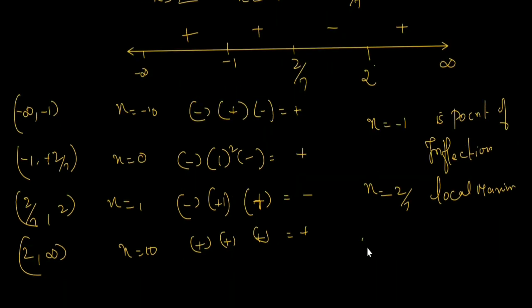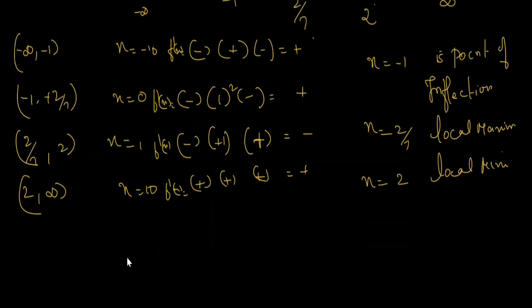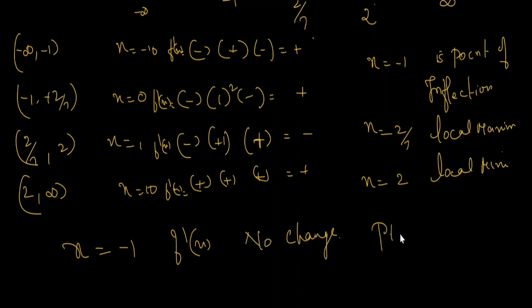And at x is equal to 2, it is local minimum. So x is equal to minus 1 is the point of inflection because f dash of x has no change of sign.